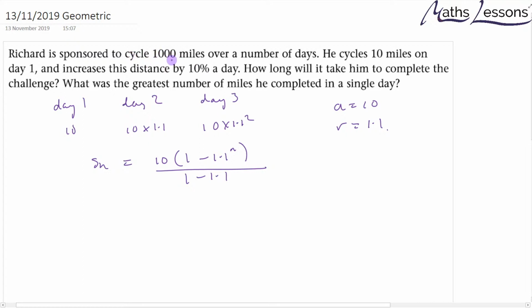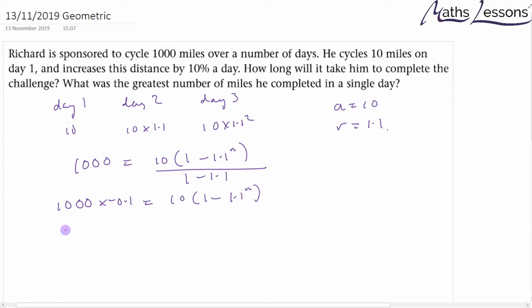Now we want to find out when this gets to 1,000 miles. Let's rub that out and replace it with 1,000 miles. So we're going to take 1.1 away from 1, which is minus 0.1, and times by that, so we get 1,000 times minus 0.1 equals 10 times 1 minus 1.1 to the n.